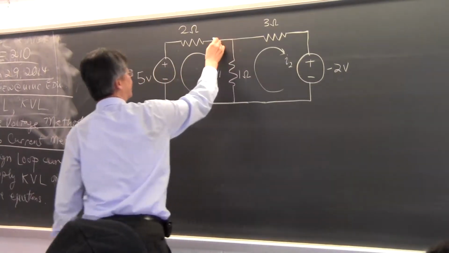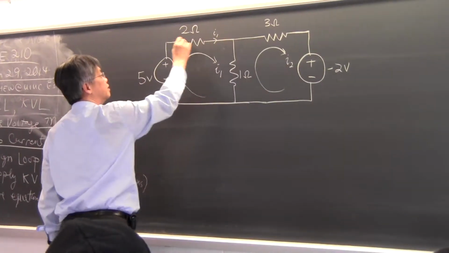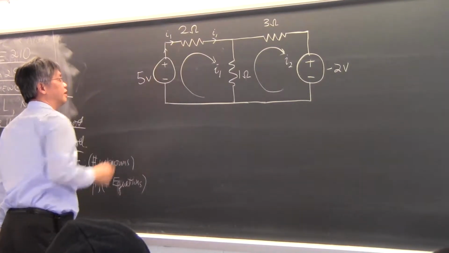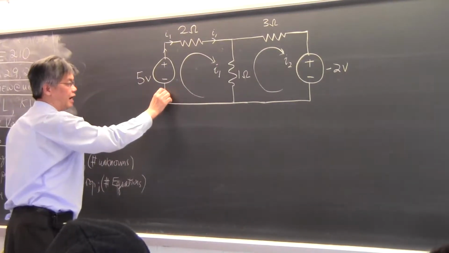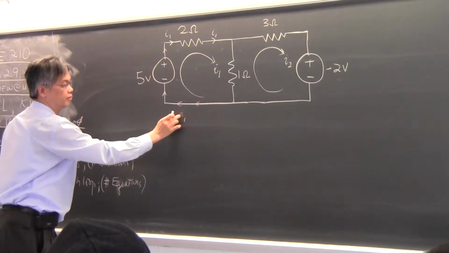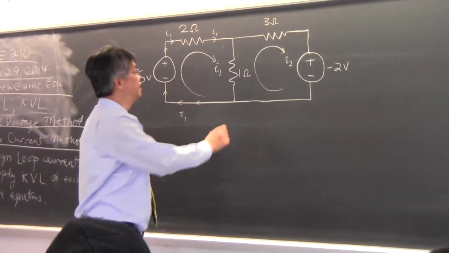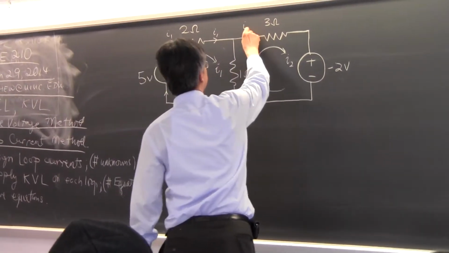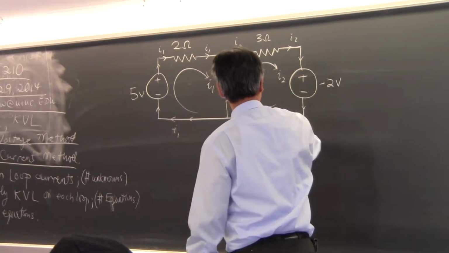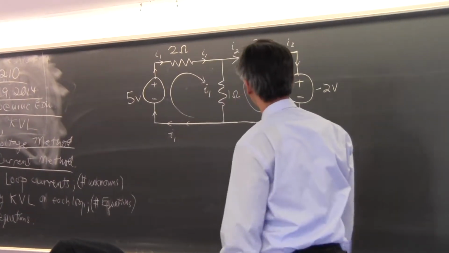So you would imagine that I1 is flowing in this branch. I1 is also flowing in this branch, and then there will be I1 flowing in this branch. Okay? And then you would imagine that I2 is flowing in this branch. I2 is flowing here as well as here, and then I2 is flowing in this branch.